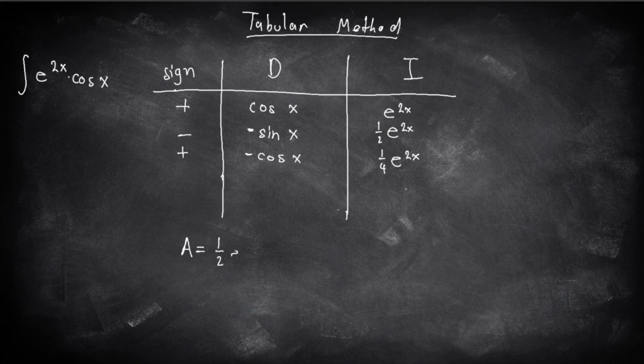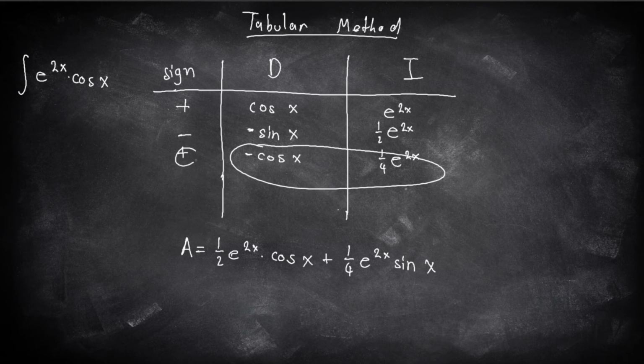So 1/2 e to 2x times cosine of x. And then negative sine of x times 1/4 e to 2x times that negative, so it's positive. So plus 1/4 e to 2x sine of x.